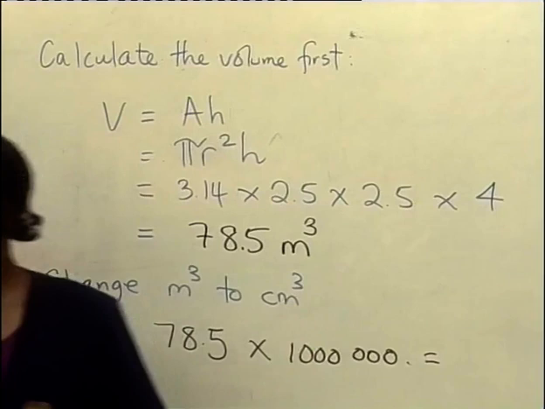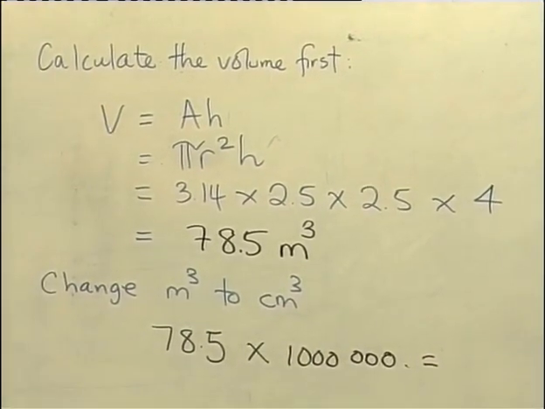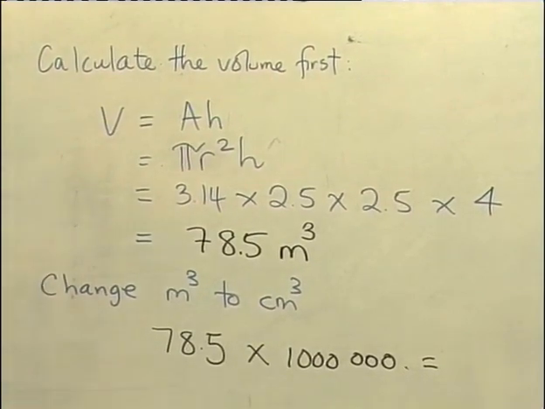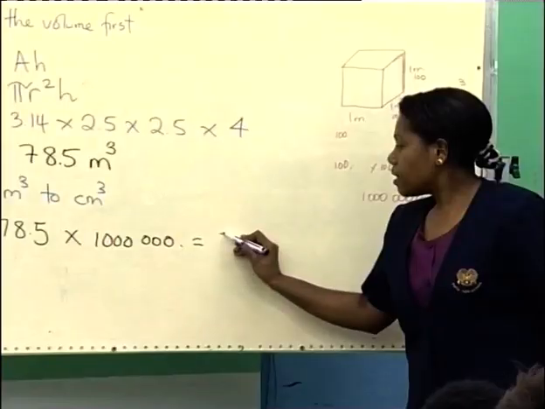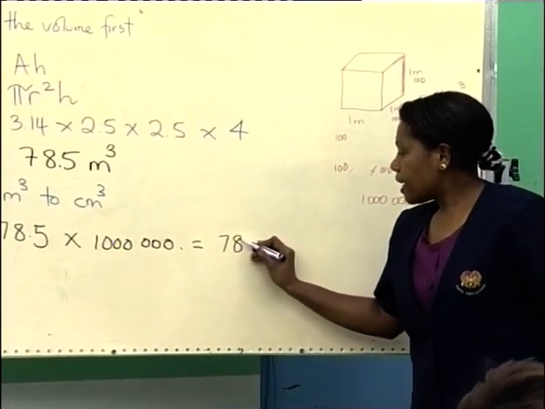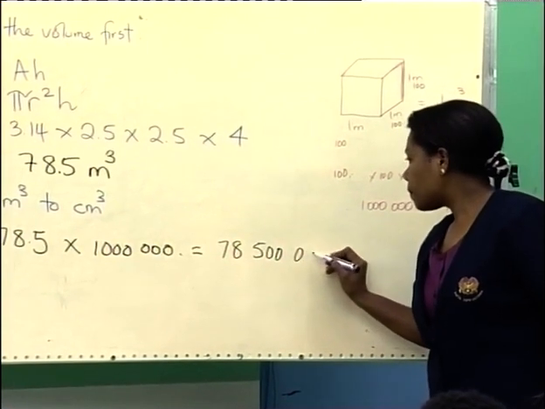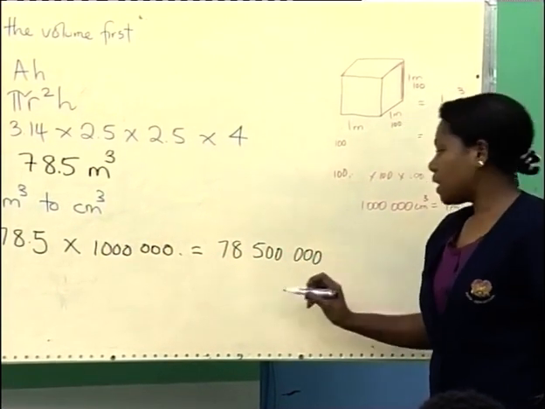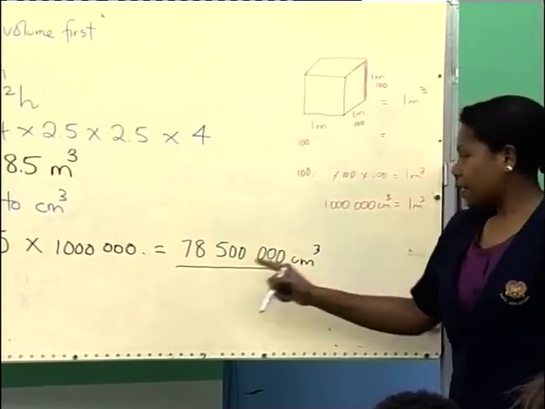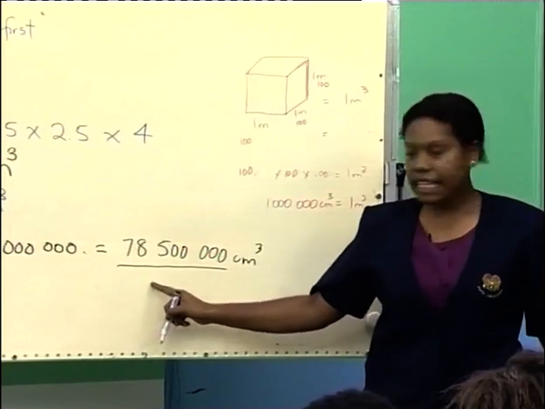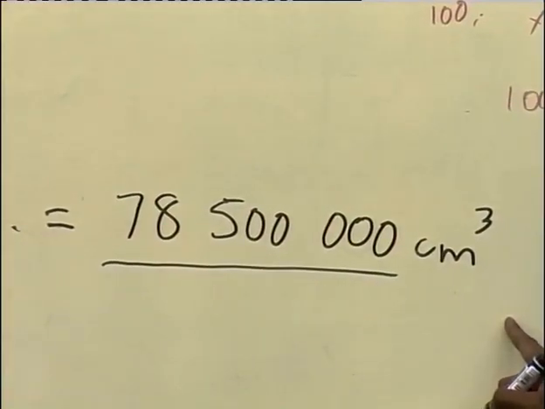78.5 gives us 78,500,000 cubic centimeters.